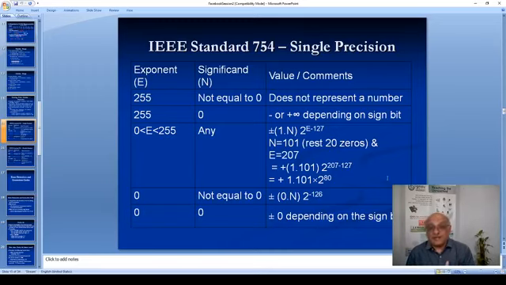So floating point numbers are not easy to understand, but they are very interesting. Many of you who are going to do a numerical methods or numerical techniques course will find that course also covers the floating point number in depth.